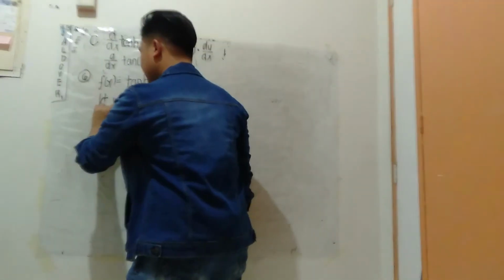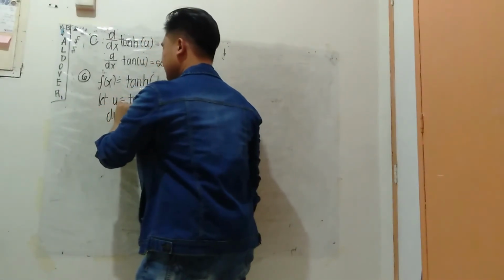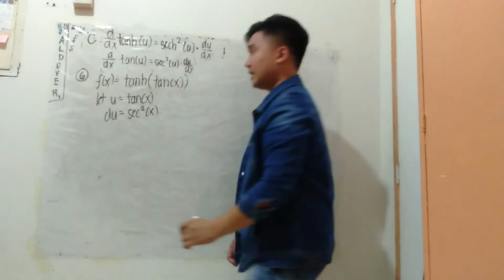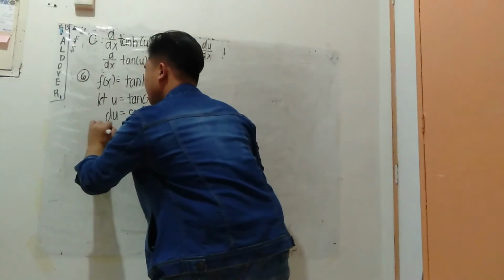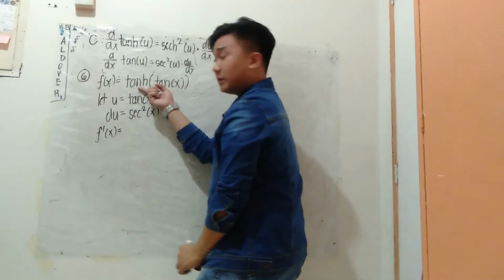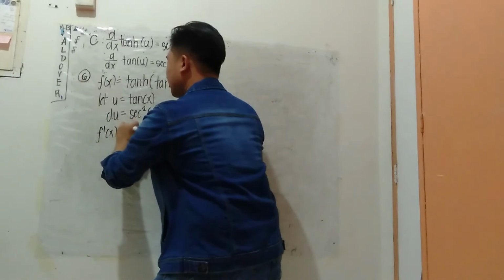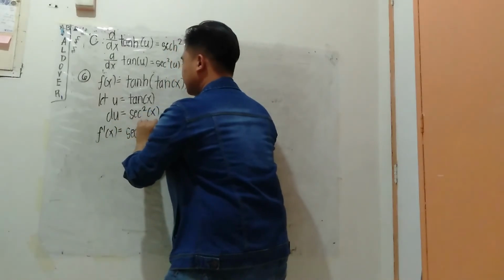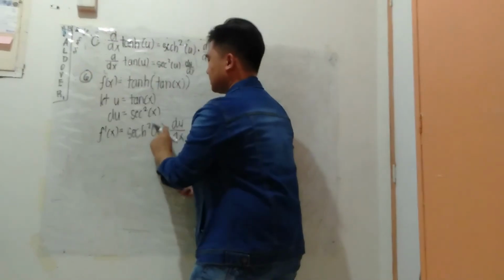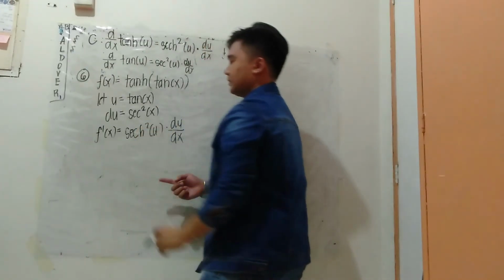Ano ba yung derivative ng tangent? Secant squared x. Okay? So, f prime of x is equals to, anong derivative ng hyperbolic tan? Hyperbolic secant squared u times du dx. Sorry, this is u. Okay?